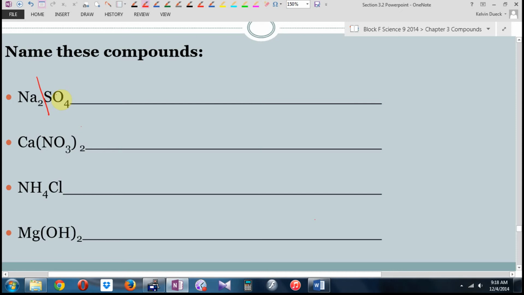No Roman numerals. I would call this sodium. And then from the back of your pink sheet, what's SO4 called? Sulfate or sulfite? Sulfate. We would call that compound sodium sulfate.